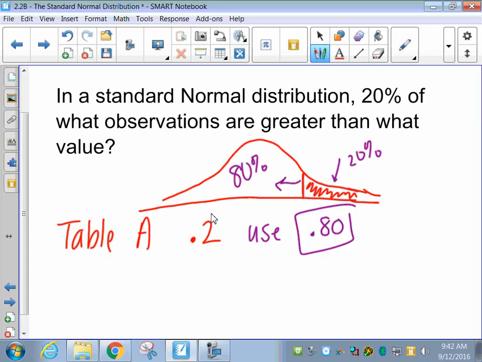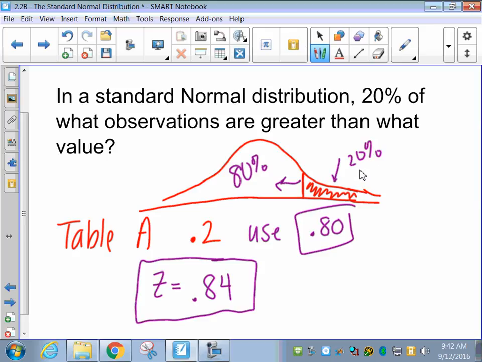So since I want 20% greater than, somebody find me what z-score you think that is. Zach, what'd you get? Okay. So this corresponds to a z-score of 0.84. Okay. So 20% of the data is greater than a z-score of 0.84.